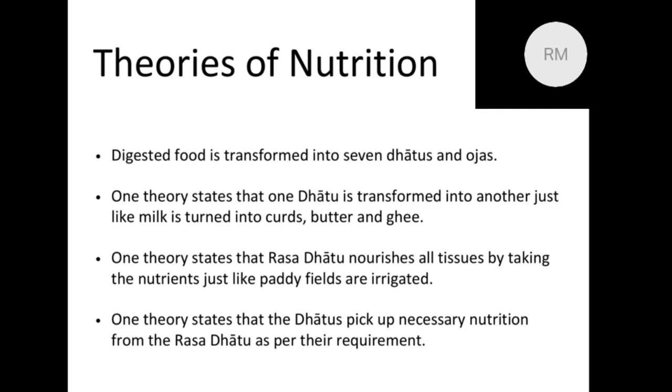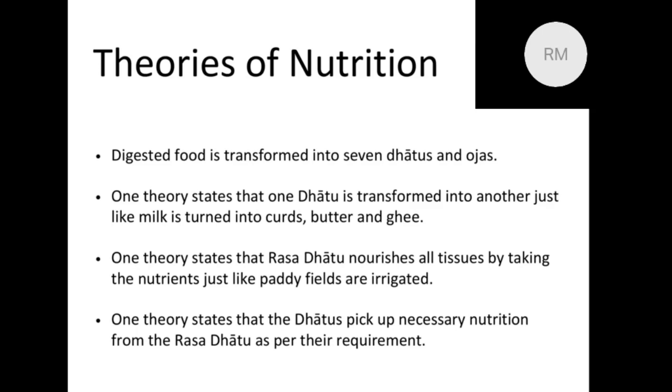The theory that one Dhātu can be completely transformed into the other is very similar to the concept of stem cells, the cutting edge of research and new therapies in modern medicine. So Ayurveda says that it is possible to transform one Dhātu into the other.